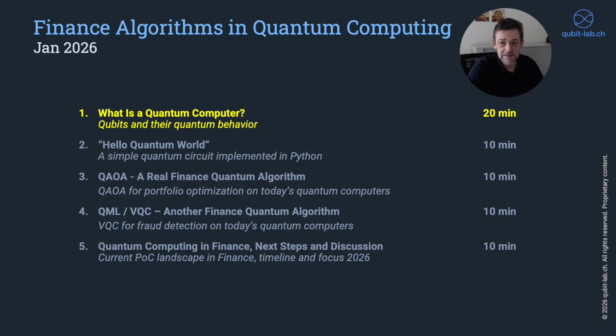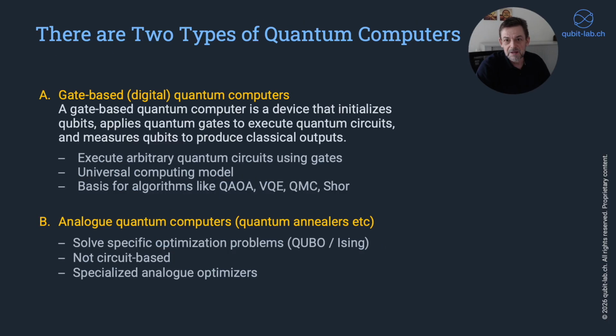Let's start with the basics. What is a quantum computer? There are two types of quantum computers: gate-based digital quantum computers able to execute arbitrary quantum circuits. So this is the actual quantum code. And there are analog quantum computers like quantum annealers.